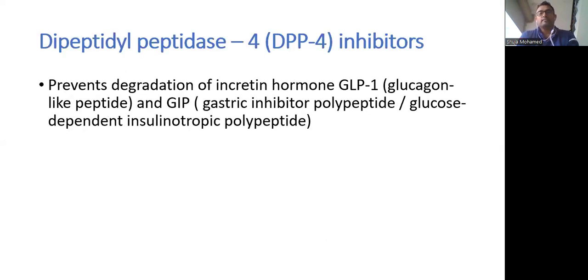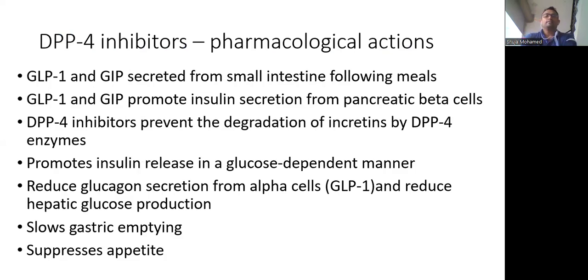It prevents degradation of the incretin hormone GLP-1. GLP-1 is released from the small intestine following a meal. DPP4 inhibitors prevent degradation of these incretins, which are degraded by DPP4.